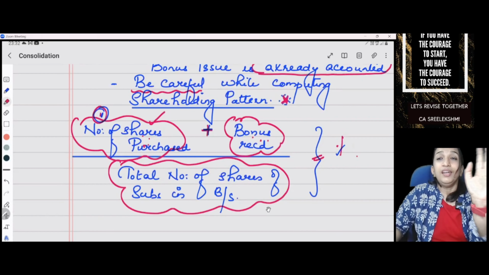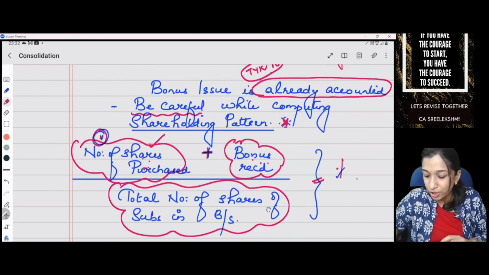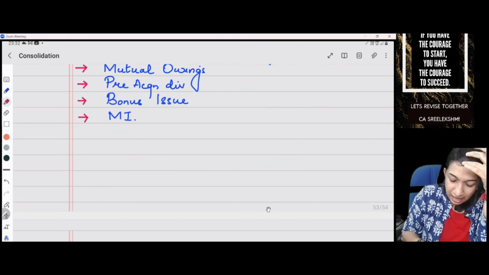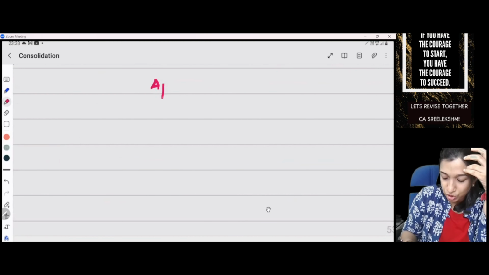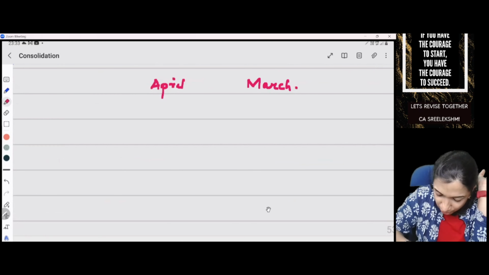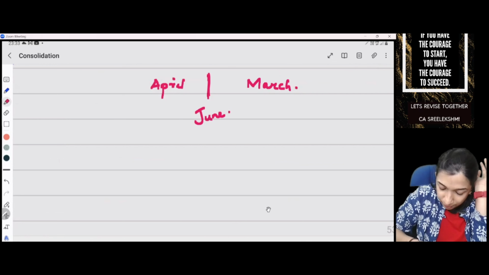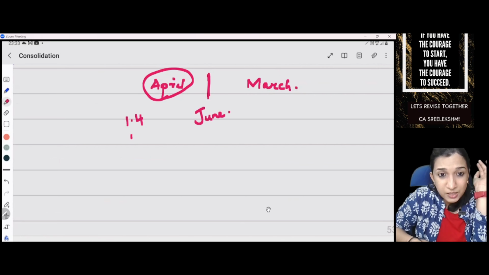Okay, so that's it. What about shares acquired during the year? Say, for example, April to March is the accounting year, and shares are acquired in June.